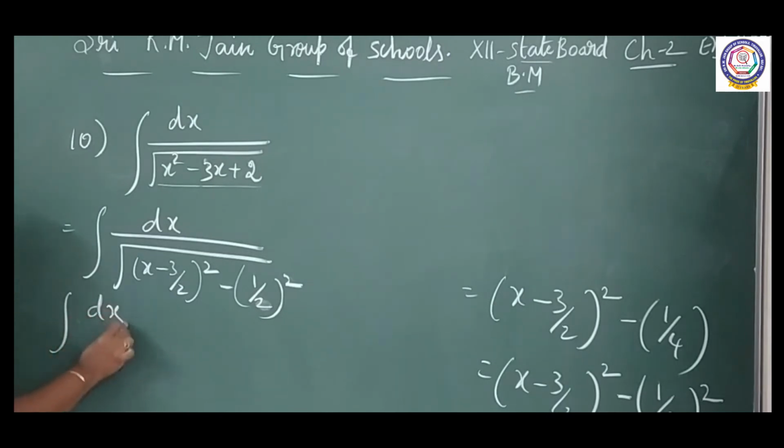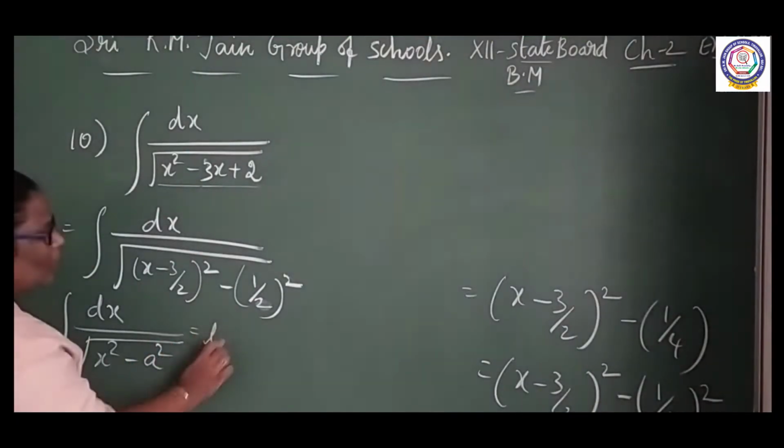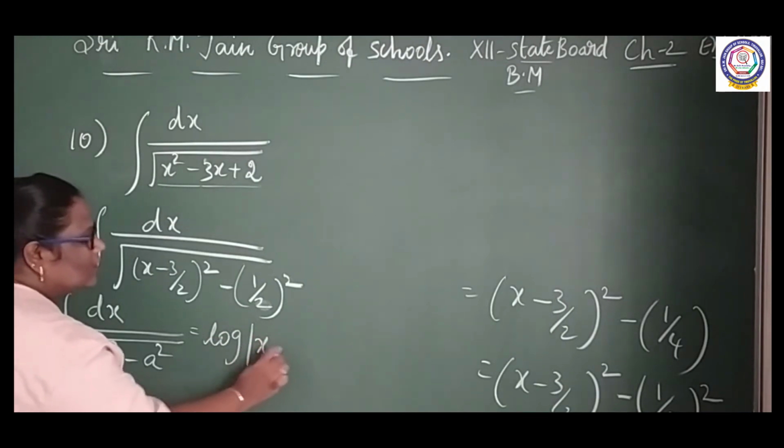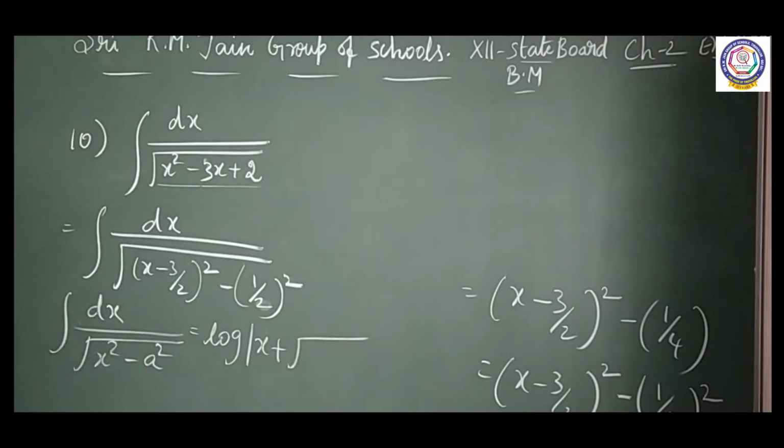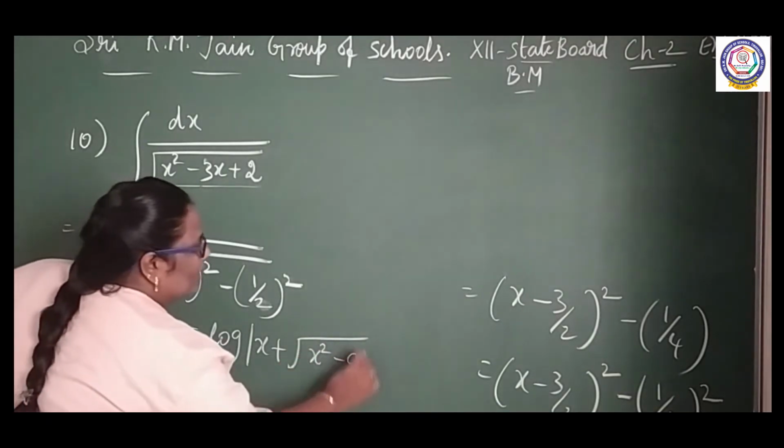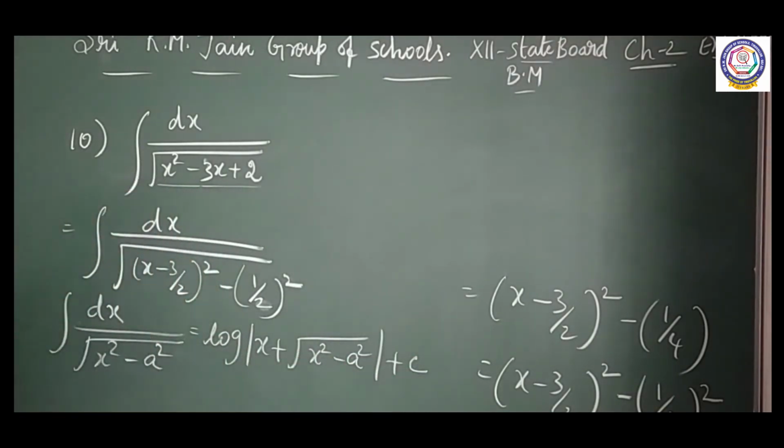Integral dx by root of x square minus a square equal to log of modulus of x plus root of x square minus a square plus c.